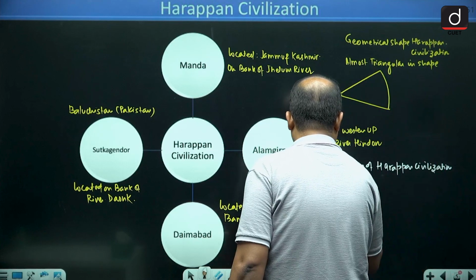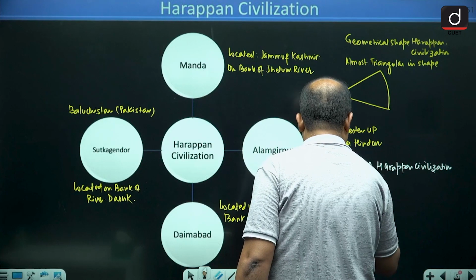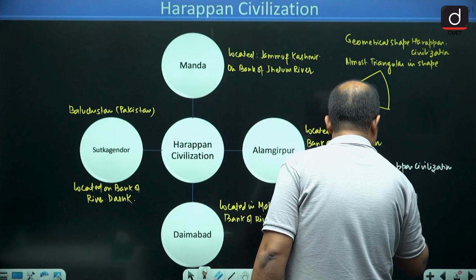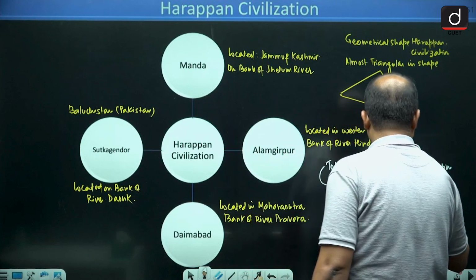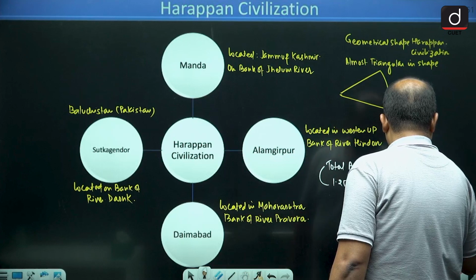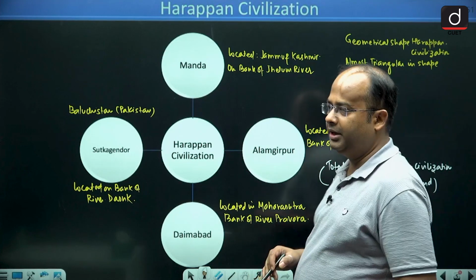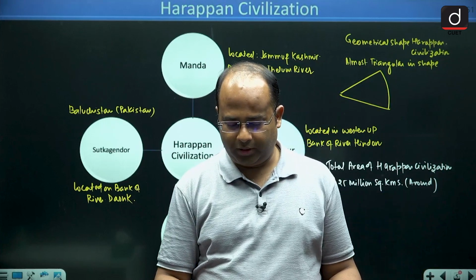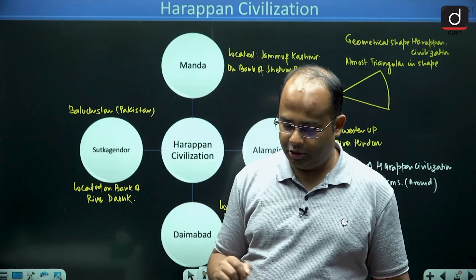So the total area is around 1.25 million square kilometers.